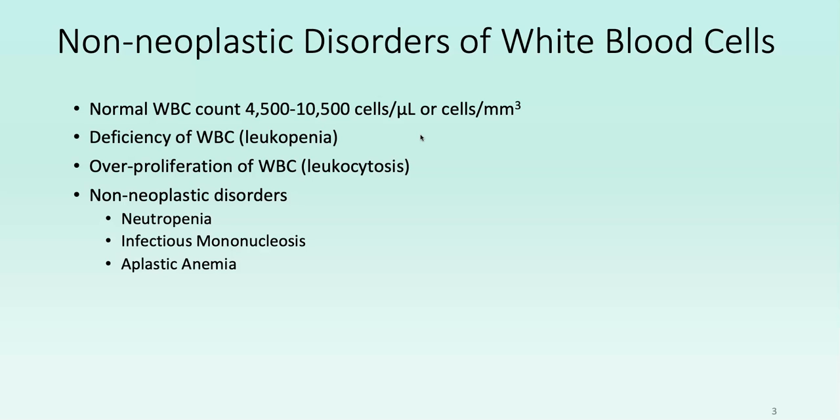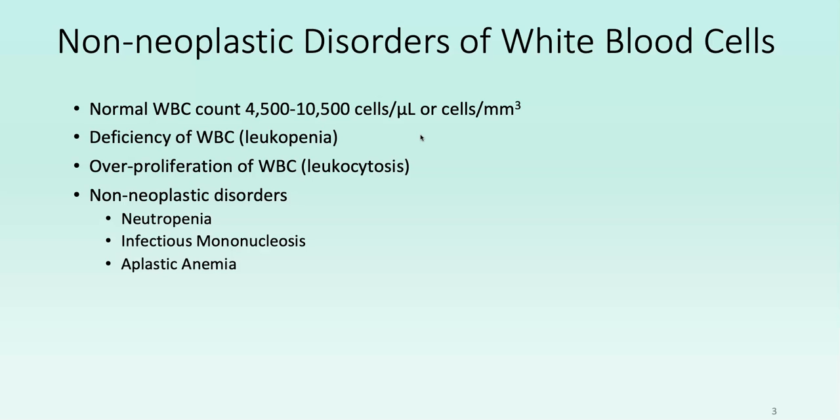Infectious mononucleosis is a viral infection that results in leukocytosis, or an elevated white blood cell count. The key to why this is a disorder of the WBCs is because the B lymphocytes have receptors for the Epstein-Barr virus.